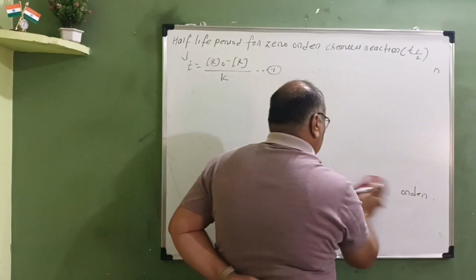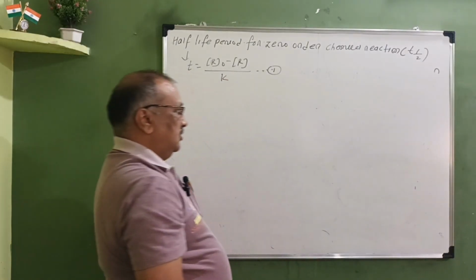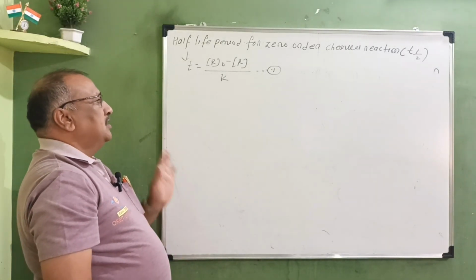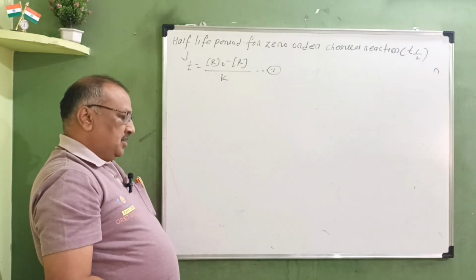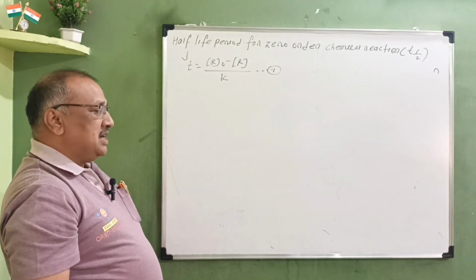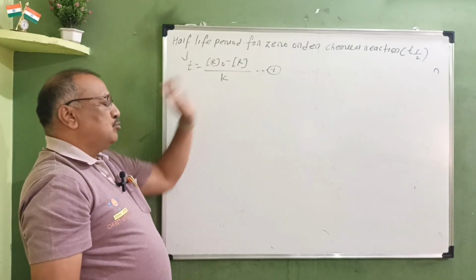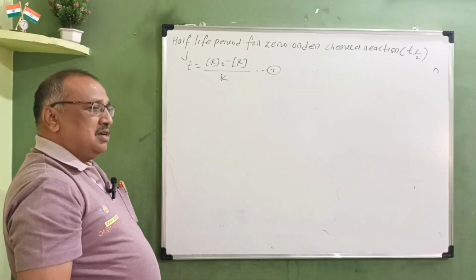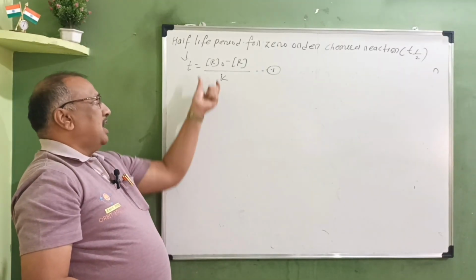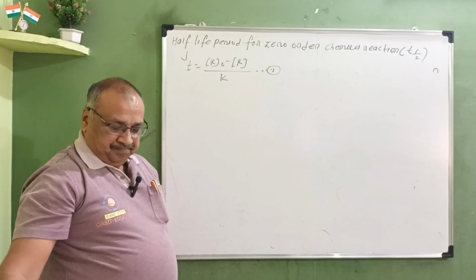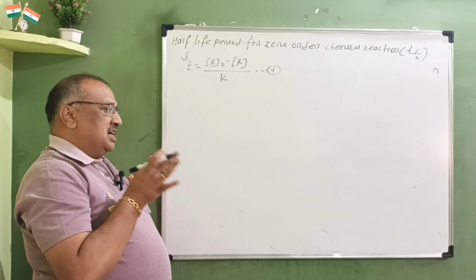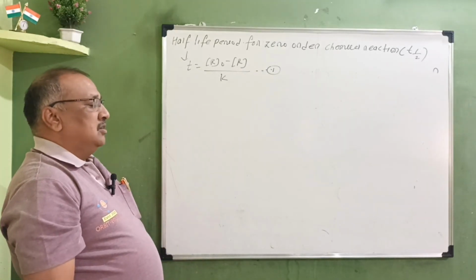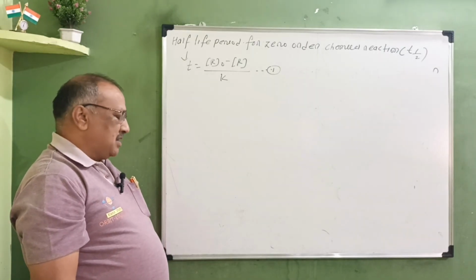Where T is the time required to reduce the concentration of reactant from R0 to R, K is the rate constant for zero order chemical reaction, R0 is the concentration of reactant at time T equal to 0, and R is the concentration of reactant after time T.